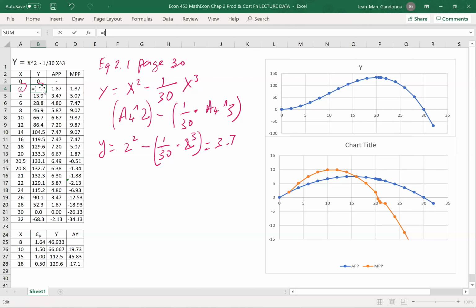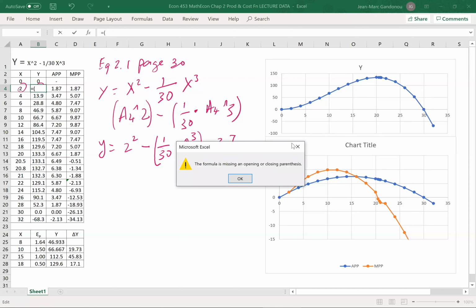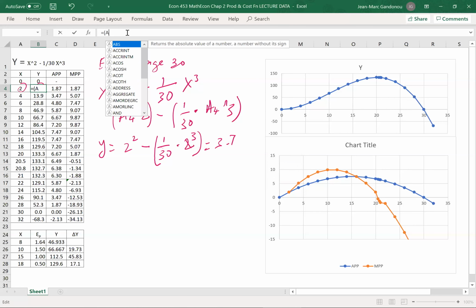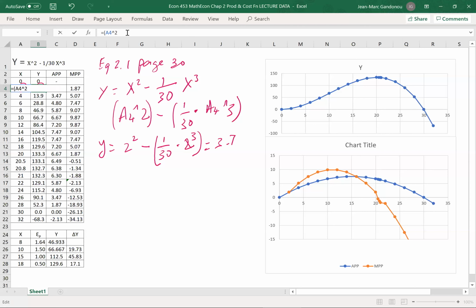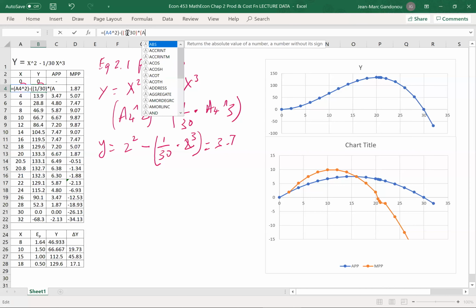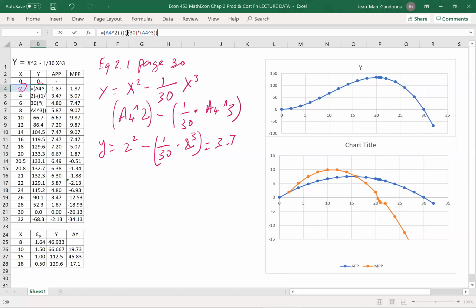Okay, so equals to A4 to the power 2, close parenthesis, minus open new parenthesis to make it easier, 1 divided by 30, close parenthesis, times, I have to put the times, A4 to the power 3, and I close the 2 parentheses, and then I enter.